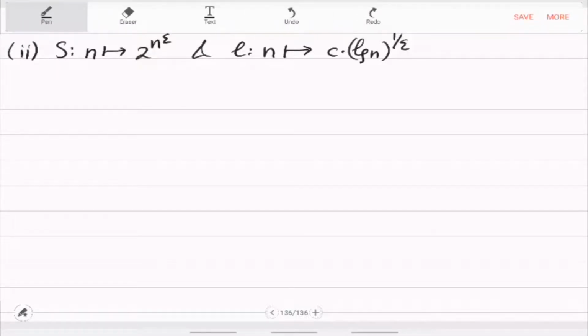So when you compose S with L, you will see that you will get polynomial in n.